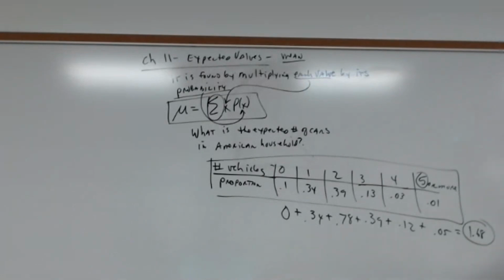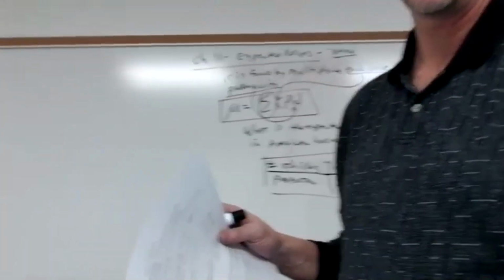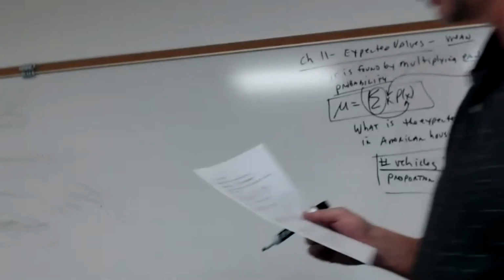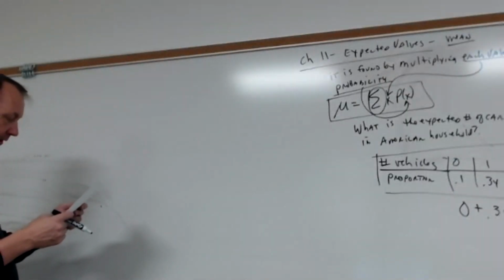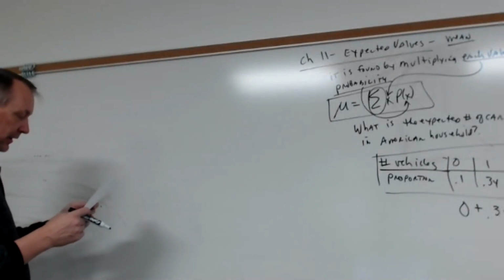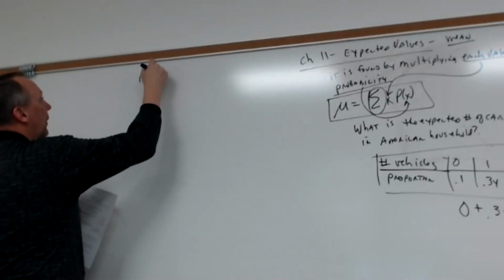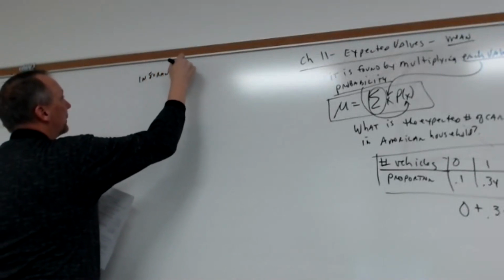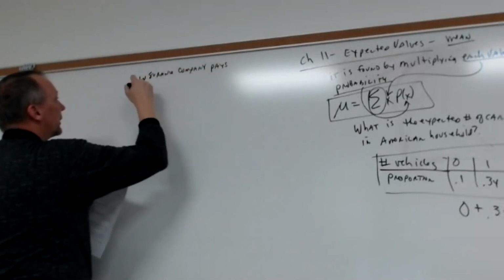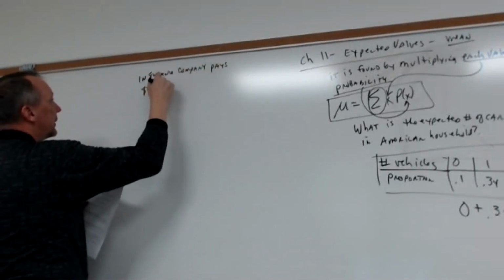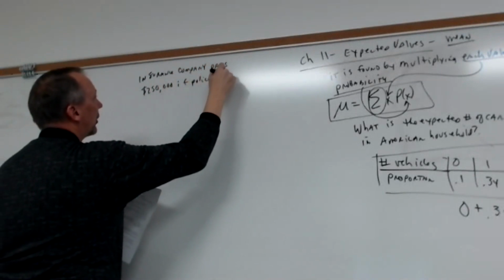So let's do another example. Let's say an insurance company pays $250,000 if the policyholder dies.